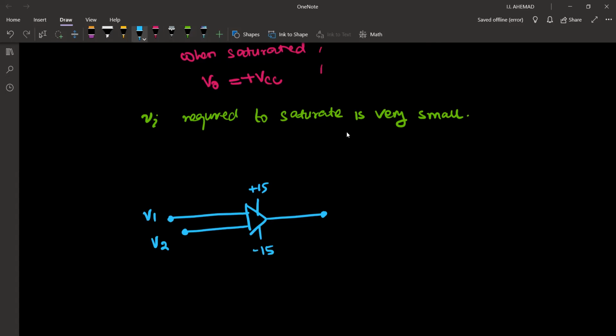Let's say that V1 is greater than V2. This is the positive terminal and this is the negative terminal. What can you tell about Vi? Vi is greater than 0. If Vi is greater than 0, then the output will be plus 15.